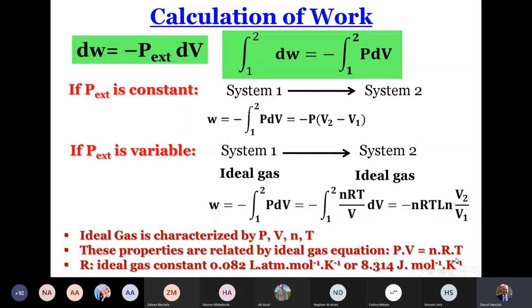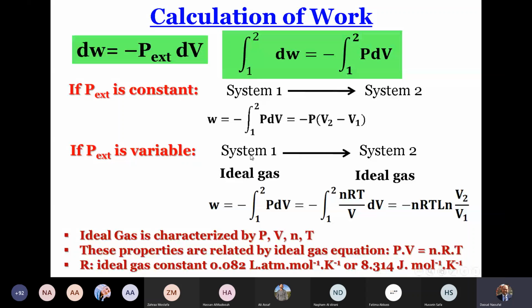R is a constant, equal to 0.082 liter atmosphere mole minus 1 Kelvin minus 1, or in other units, 8.314 joule mole minus 1 Kelvin minus 1.